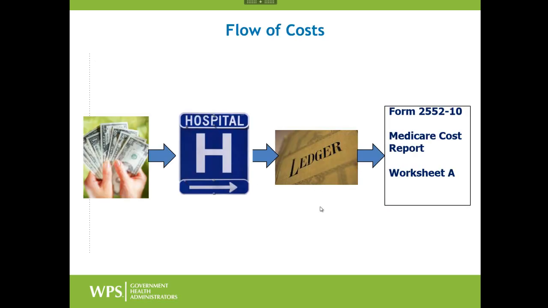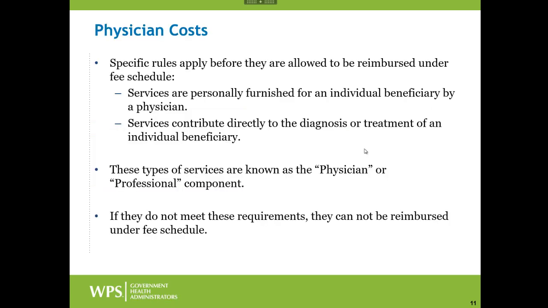So just a quick little illustration here. We have these costs that are being incurred by the hospital, and they're going to be reported on the hospital's general ledger. And ultimately, they make it to the Medicare cost report, worksheet A specifically. We'll start with worksheet A in just a bit, and then we get into A82. Now, physician costs.